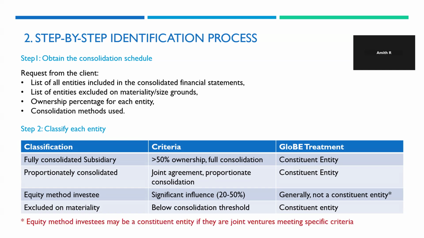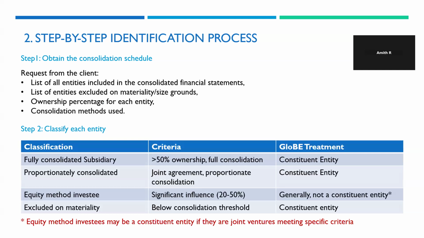But there is one more thing: if an associate is a joint venture meeting specific criteria, and it is proportionately consolidated, then yes, it would again be a constituent entity. Are you getting this? Yeah. Okay. So let's move on.